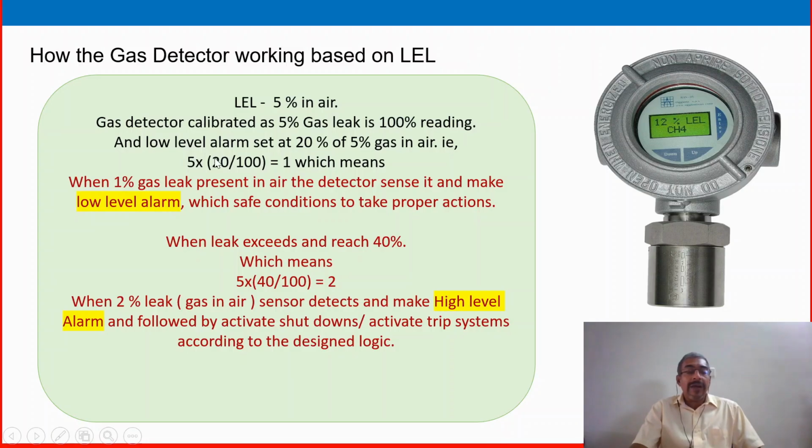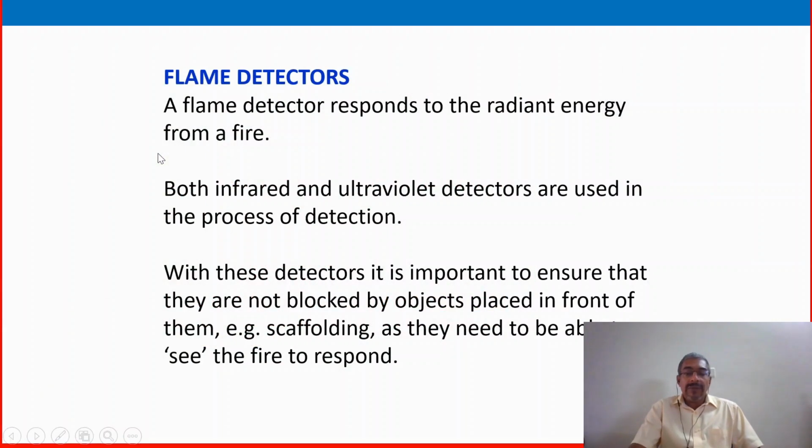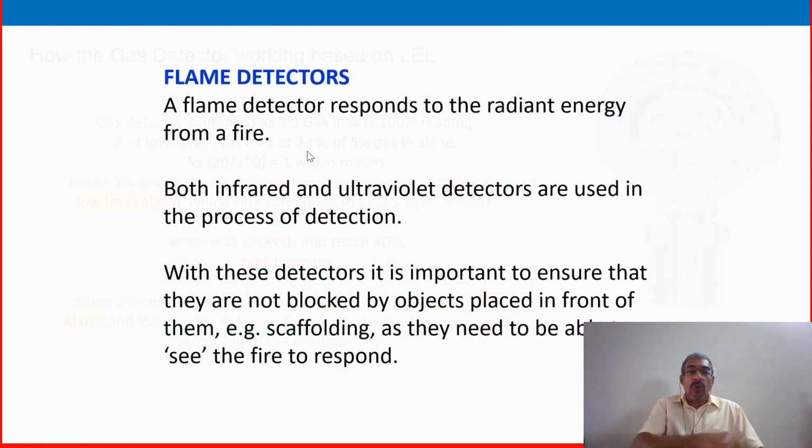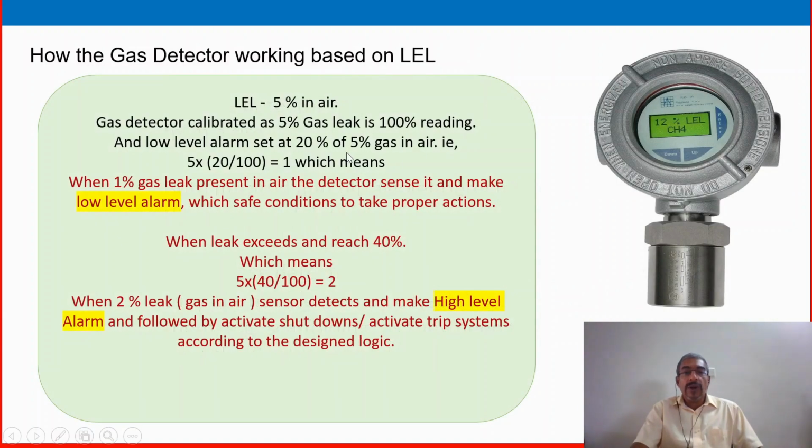A low level alarm is set at 20% of 5% gas in air. How is that 20% calculated? 5, that is LEL, times 20% is 20 by 100, that is 1. That means 1% methane exposure coming into air, a 1% gas leak.